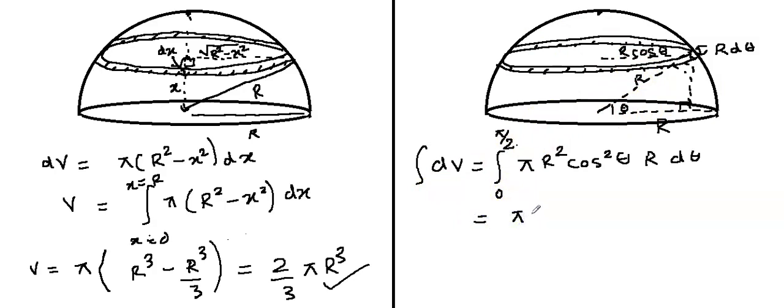So you have pi r cube times the integral from 0 to pi by 2 of (1 plus cos 2 theta) by 2 d theta.